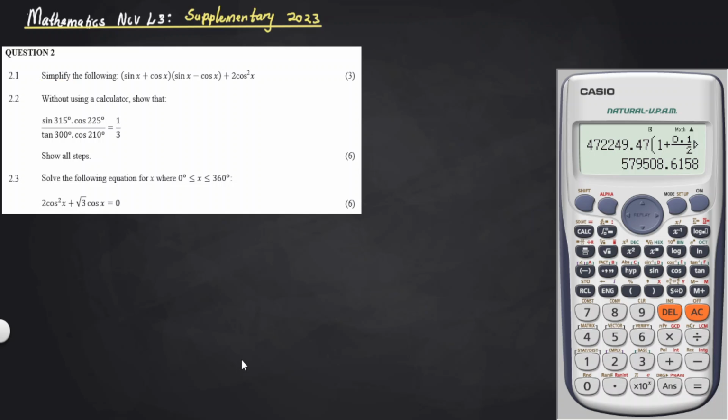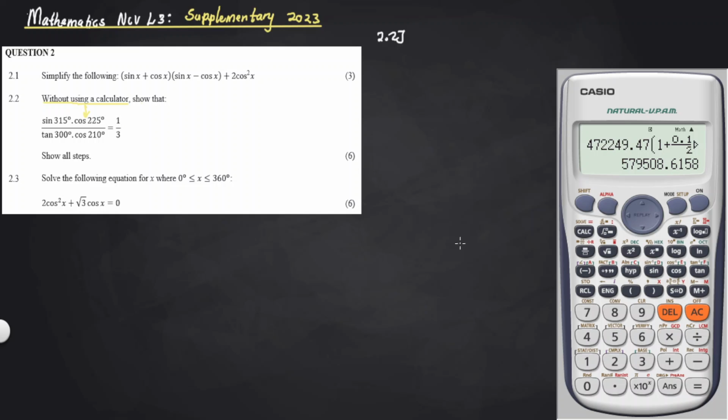Okay, so we now have 2.2, the next question after 2.1. So without using a calculator, let me emphasize this, without using a calculator, show that this is equal to 1 over 3. Show all steps.